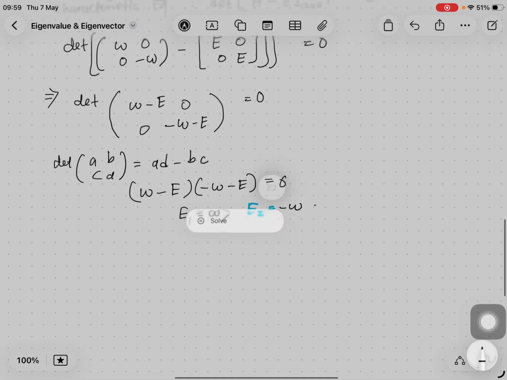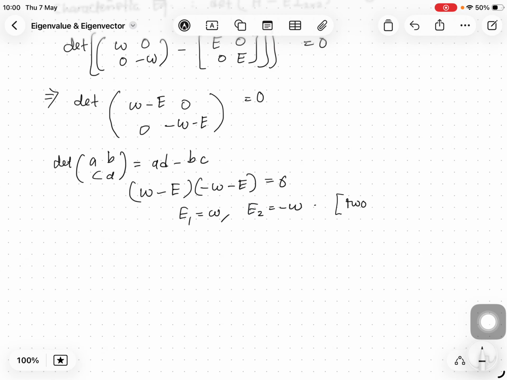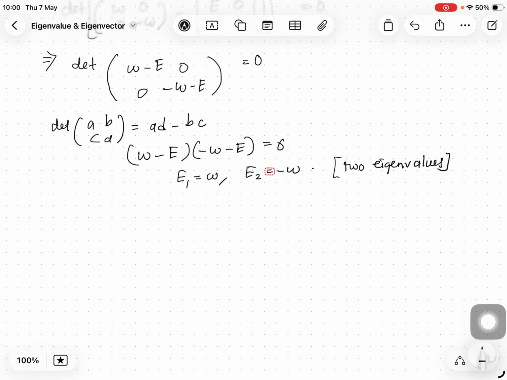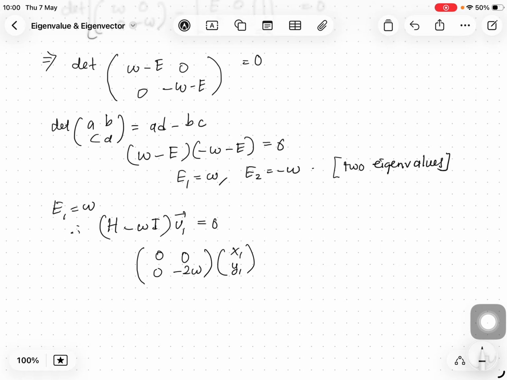So you have 2 eigenvalues. Then we substitute E1 equals omega, H minus omega I, and try to find V1, equals 0. Then you have 0, 0, 0, minus 2 omega, times x1, y1, equals 0.